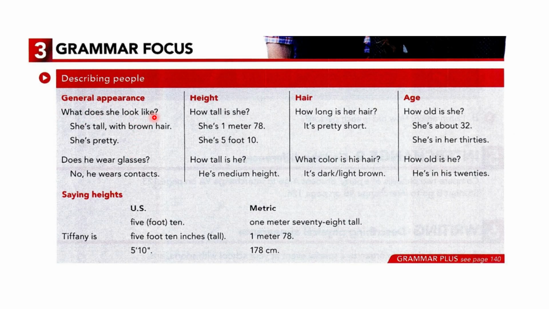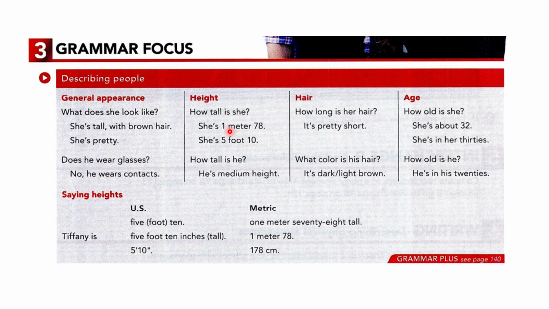So, "What does she look like?" is a general appearance question. It's a question inviting the other person to describe. Well, she's tall with brown hair. She's pretty, a description.